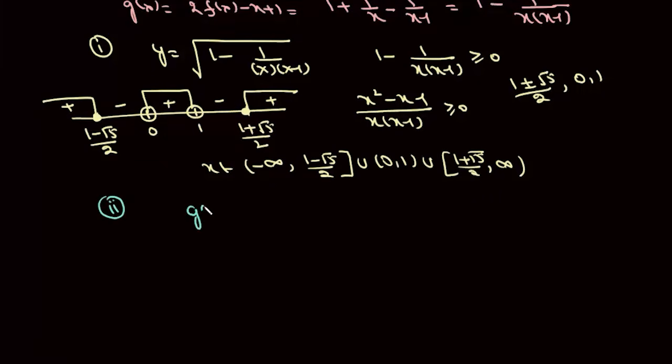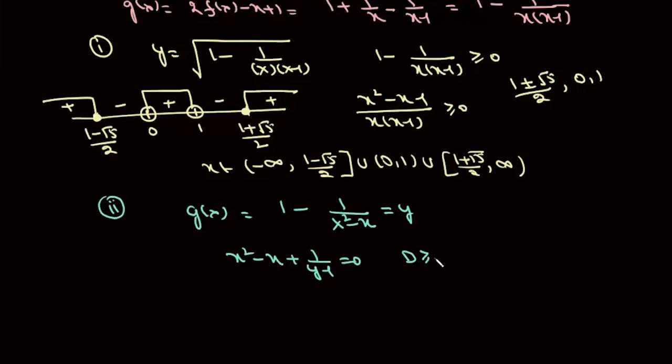Now, second question is we need to find a range of g(x). Now, g(x) is 1 minus 1/(x² minus x). Now, for range, we'll take this as the y. We can write x² minus x plus 1/(y minus 1) equals to 0. Now, this equation should have real roots. That means its D should be greater than or equal to 0. So, 1 minus 4/(y minus 1) should be greater than or equal to 0.